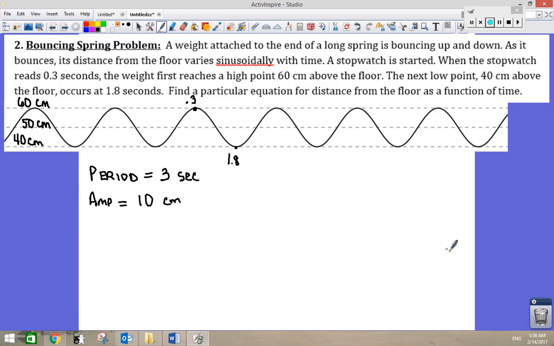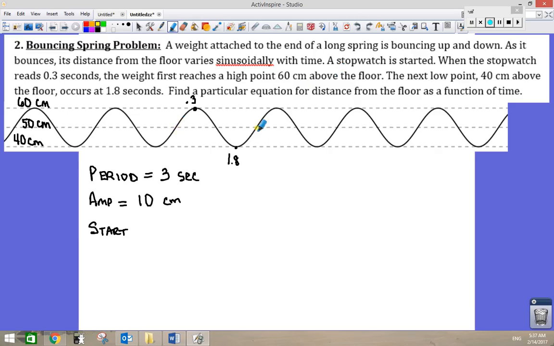Let's see. My starting point, if I want to use the sine curve, we want to start on the center line, so we could back up, but then that would be starting at a negative time, and I'm not sure if they would necessarily want that.